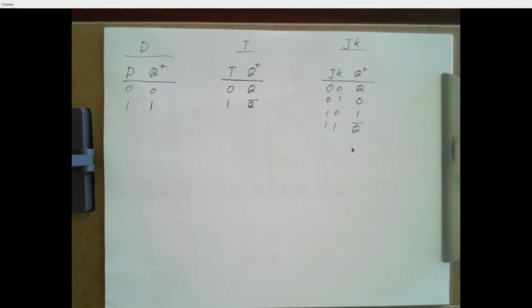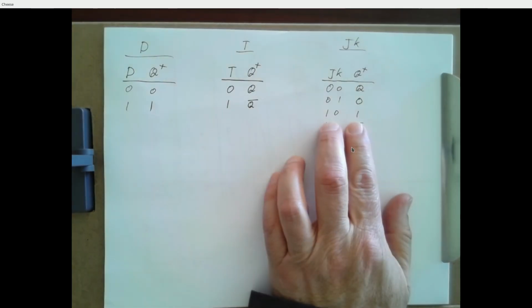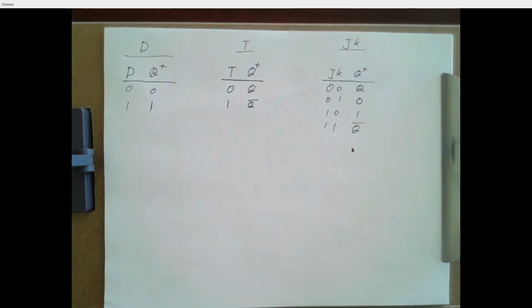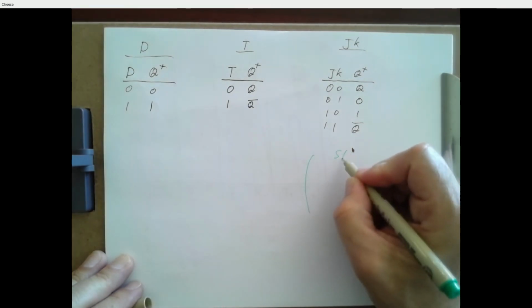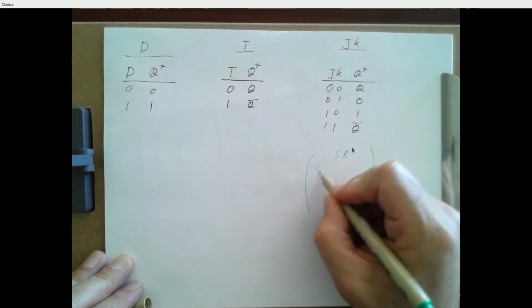Okay, if you know these tables, you know everything there is to know about the flip-flop. About the SR. We haven't really talked about an SR, and an SR is really a JK without this fourth stage. So let me do this in parentheses in a lighter color.